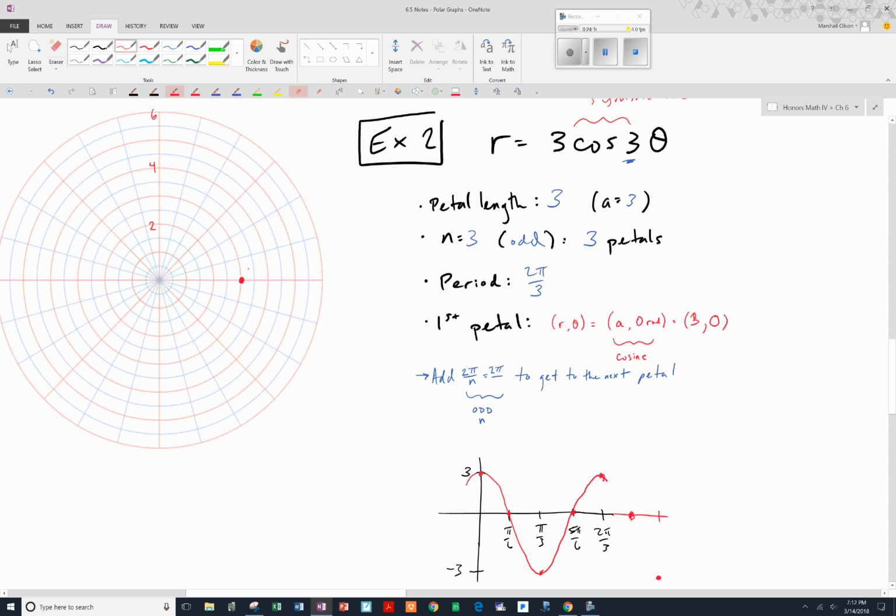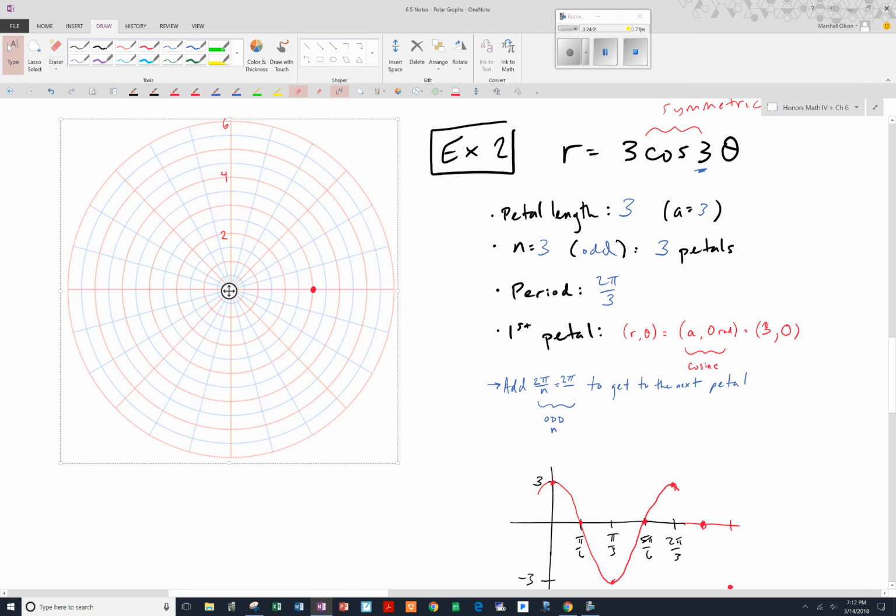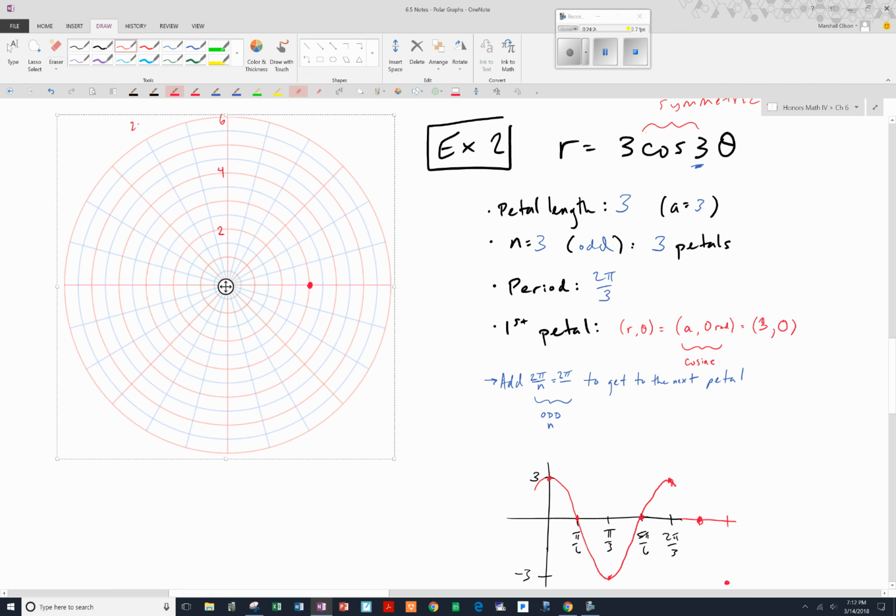The period is 2 pi over 3, so that's what I want to add to get to the next pedals. If I add 2 pi over 3 to 0, I'm going to get 2 pi over 3. So I'm just going to put down where 2 pi over 3 is right here. That's going to be where my next pedal is. If I add 2 pi over 3 to that, I get 4 pi over 3, which is right here.